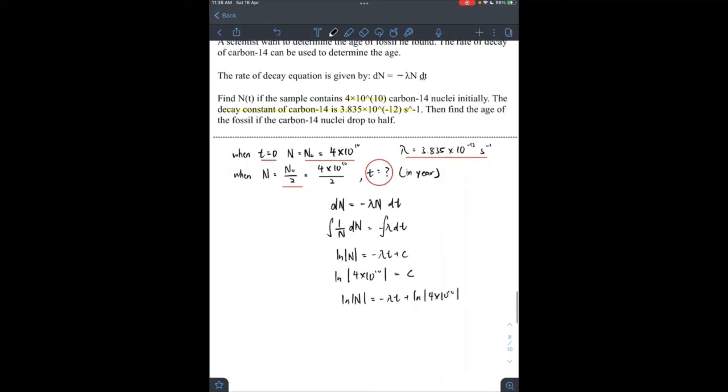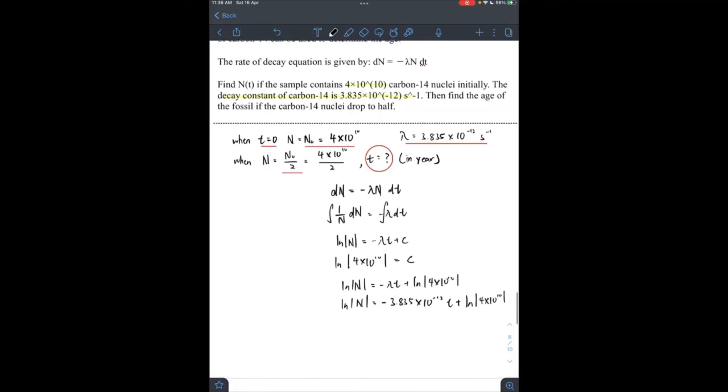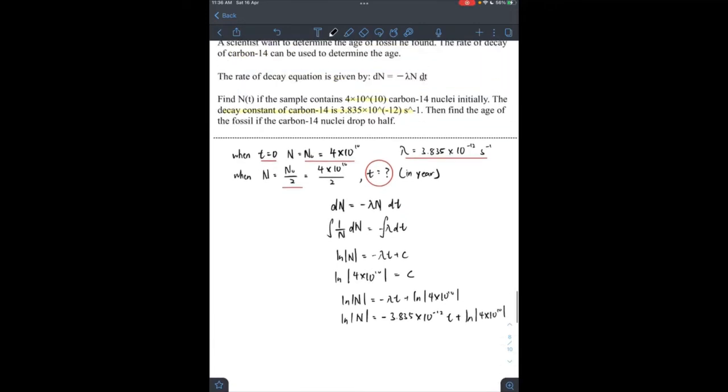The next is the lambda is given, so we can write like this. Yeah, so the equation is almost complete.